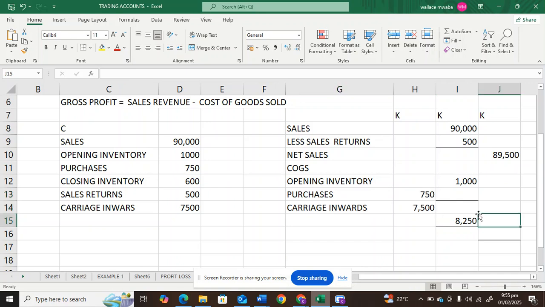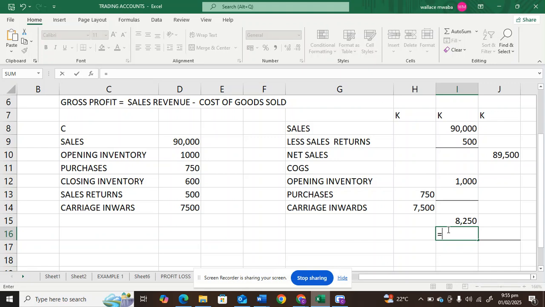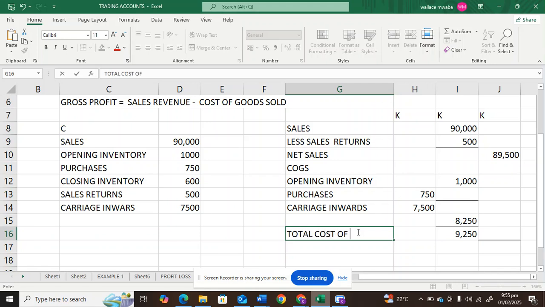Next, we need to know the total cost of goods available for sale. This is where we add our opening inventory and the purchases, and you get 9,250. That's the total cost of goods available for sale, TCGA.